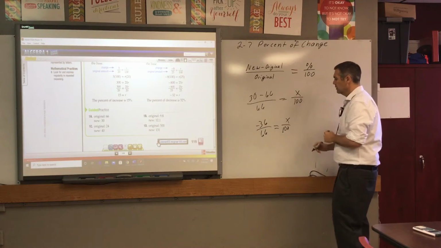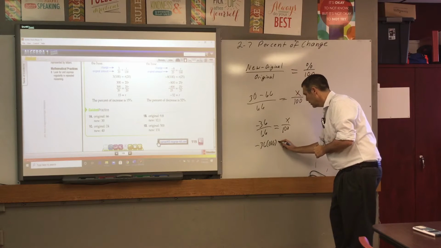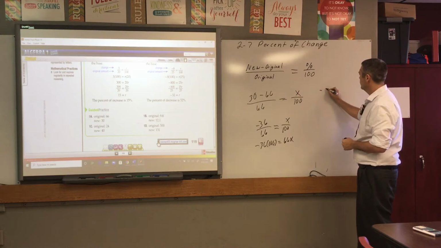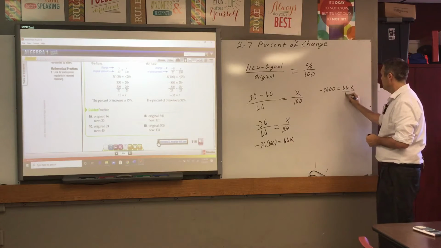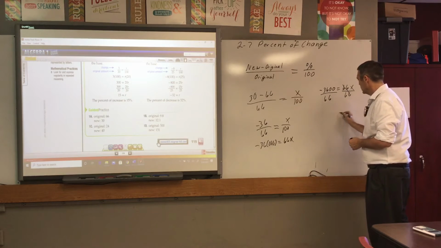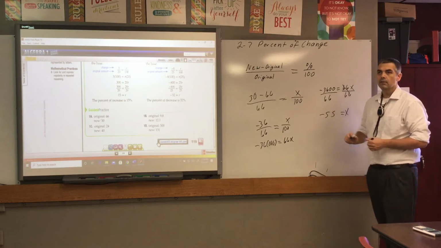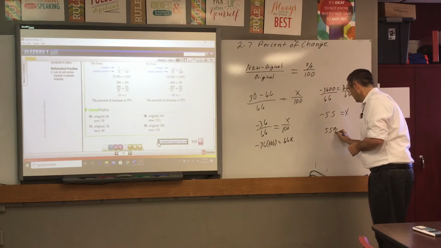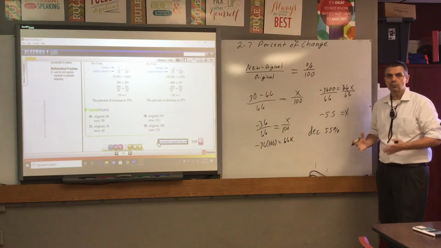Cross products get you negative 36 times 100 equals 66x. Negative 3600 equals 66x. Divide by 66 on both sides. This cancels out, and you get x equals about negative 55. And so you get a decrease of 55%.